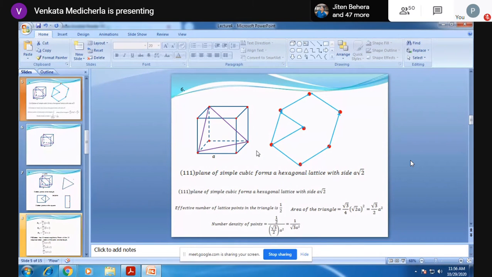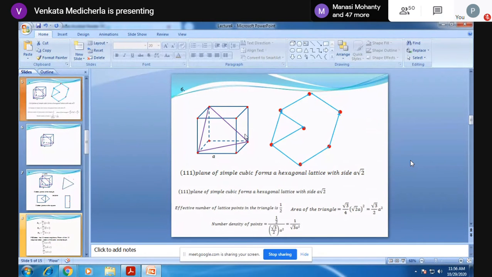This is not a 120-degree angle, it's 60 degrees. If it's shared by 6 triangles, each one will contribute 1 by 6. There are 3 corners, 3 points. 3 into 1 by 6 is 1 by 2.